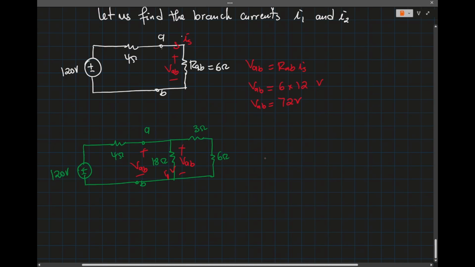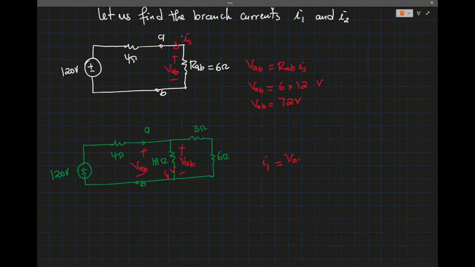I1, using Ohm's law, is VAB divided by 18 ohms. So 72 divided by 18, that's I1.